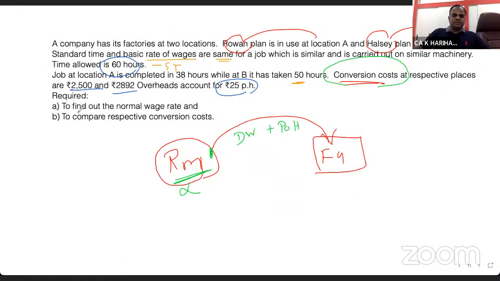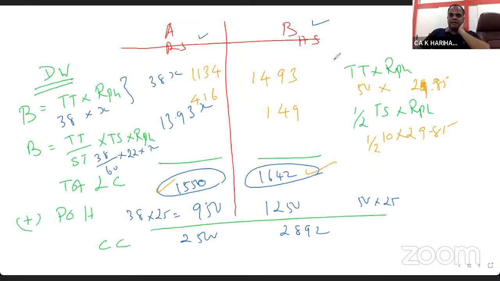What about the remaining question? Find out the normal rate of wages. We got it. Compare the respective conversion cost. That is also this itself, comparing the conversion cost. For location A, how much the basic wages? Location B, how much the basic wages? Location A, how much the bonus? Location B, how much the bonus?